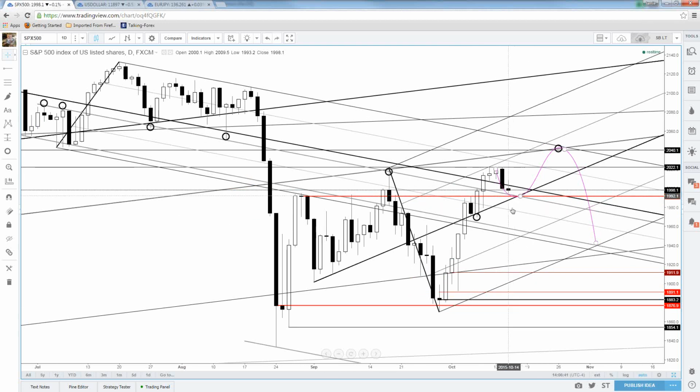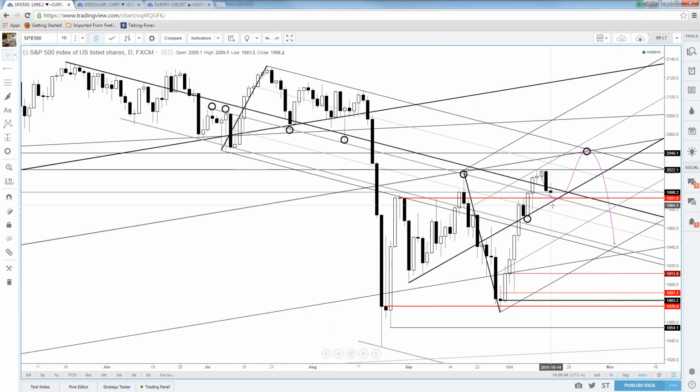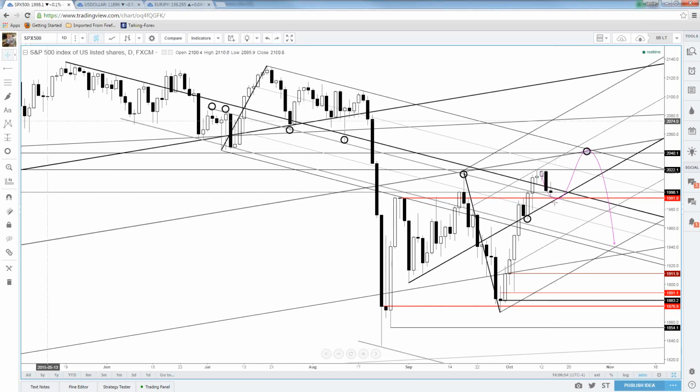If we start breaking down below here, then sure, look to turn bearish right away. Okay, but I'd respect this area right now as support. I mean, we are holding it. Okay, we're sitting here. It seems like the world's falling apart when you watch some news or read some other commentators, but just take it easy.